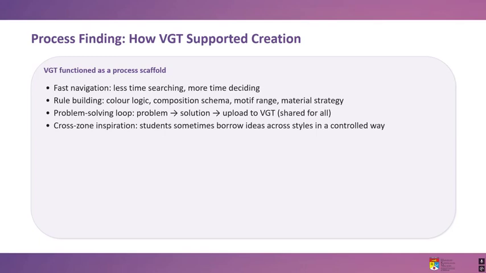So it was easier to keep the series unified. Third, it became a shared solution bank. I uploaded common problems and solutions to VGT. So resources were not stuck in private chat, and students could reuse them.